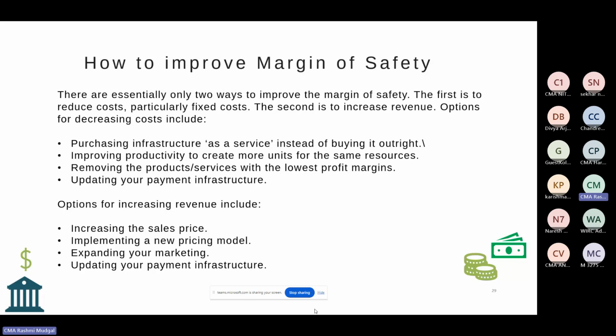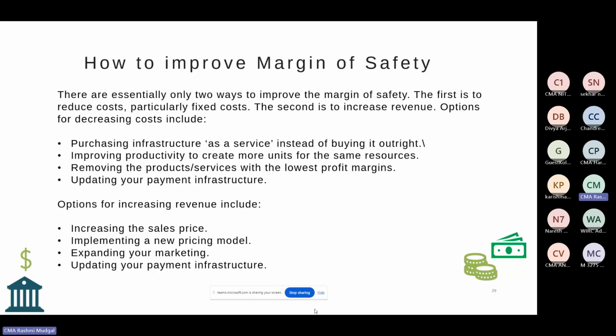Okay, and increasing revenue will include increasing the sale price. We can simply increase 1 rupee of the sale and this will increase my profit by rupees 1. And if anyone has seen the podcast of the Zomato owner, he has told that I'm getting a profit of rupees 1 or 2 per order, but in the mass it becomes crores.